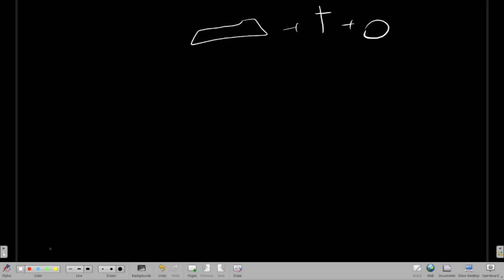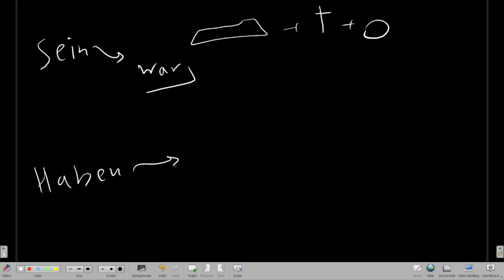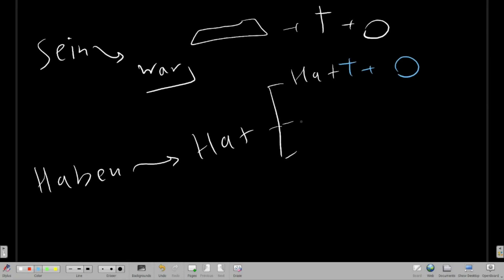So the thing is, sein would change its root to war and then decline. For haben, it would change itself to hat, right? Then it declines. Now this time it really declines. So we had a hat, we had the past T, then we had the person.